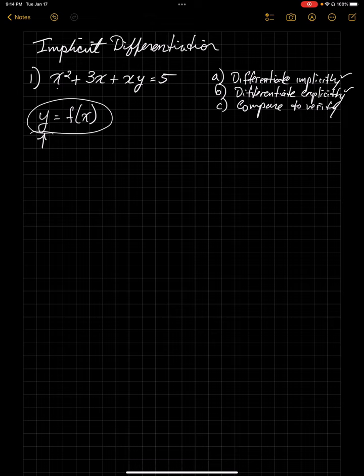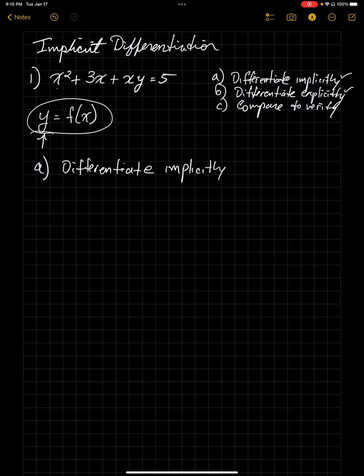Okay, so first of all, to differentiate implicitly, what does that mean? So what we're going to do is we're going to write our differential expression for both the left and right hand side of the equation.